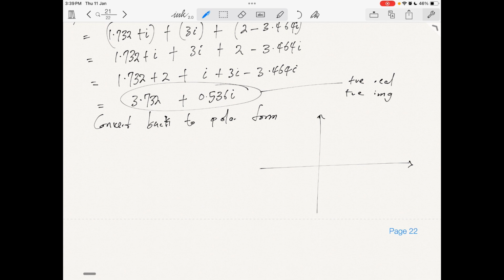So positive real, because the real axis corresponds to the x-axis, and the imaginary axis corresponds to the y-axis. So thereafter, we can assume that this is 3.732 and this is 0.536. So drawing it further, we now have this.